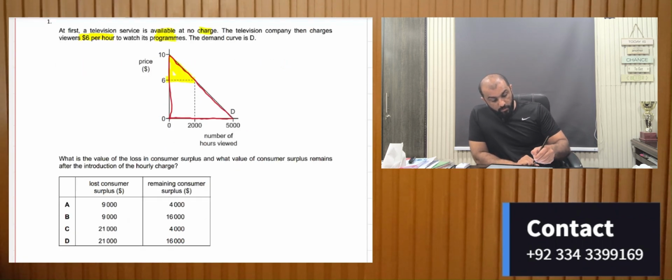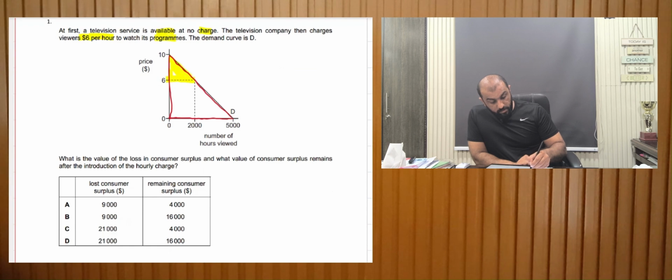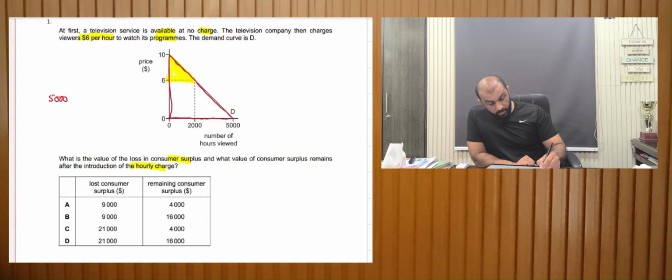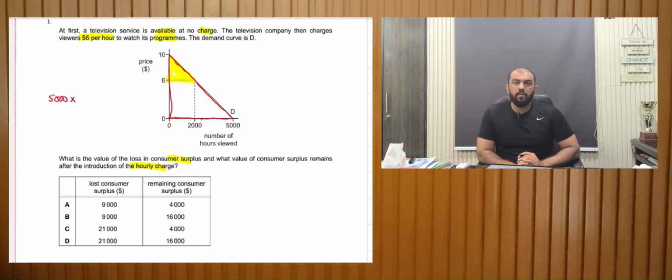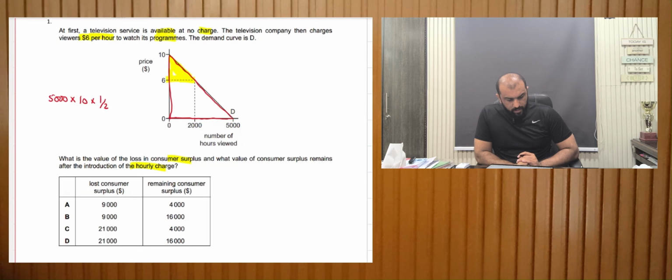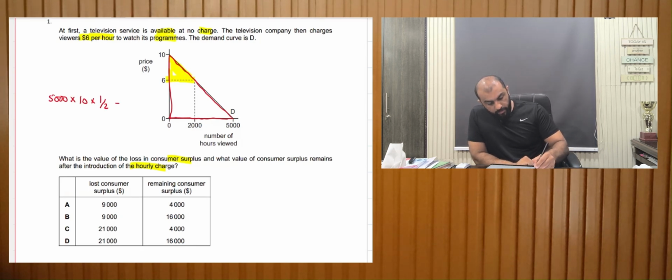What is the value of the loss in consumer surplus, and what value of consumer surplus remains after the introduction of hourly charges? Now, initially there were 5,000 multiplied by 10 multiplied by half, because we need to calculate the area of the triangle. So that would be 50,000 times half, which is 25,000.